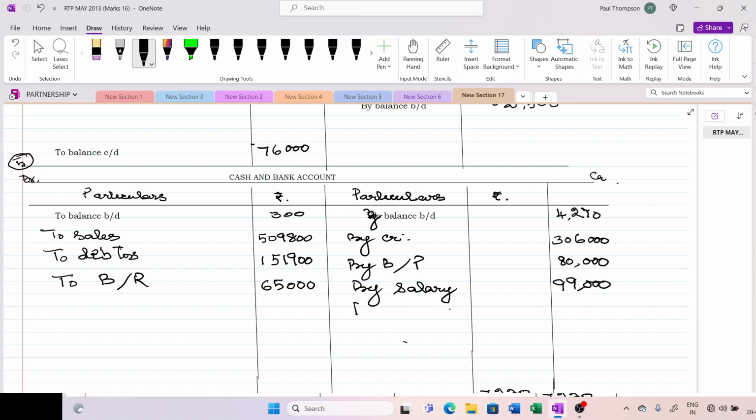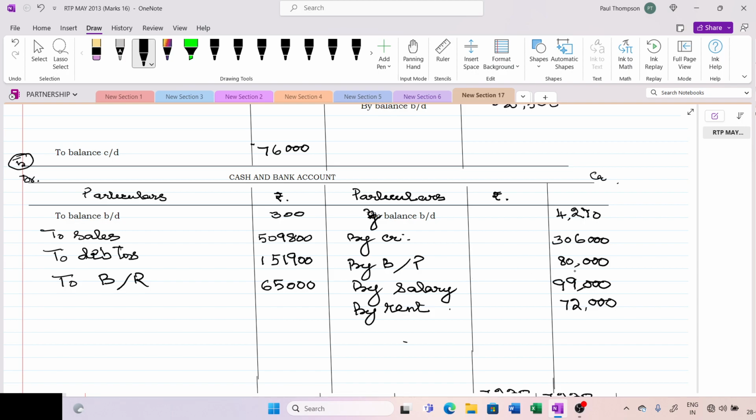Then they made a payment for rent also. Rent, they have made a payment of 72,000. See here, one thing you should understand. Whatever you credit in the cash and bank account, this account is credited, but the corresponding account will get a debit.